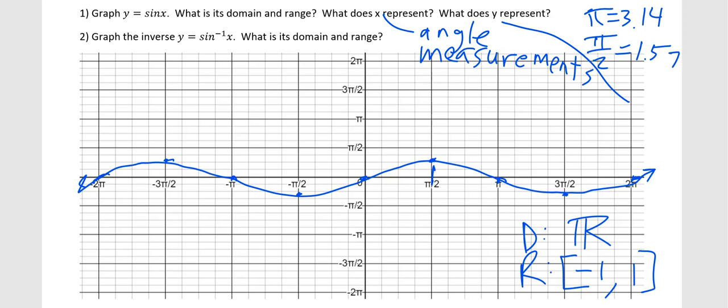What does that represent on the circle? Is it an x value, a y value, or a slope? There's only 3 choices there, folks. Is sine an x value, a y value, or a slope? It's a y value. So this particular function, angle measurements go in, y values come out. Do you understand that's what this function is doing? That's important that you understand that.